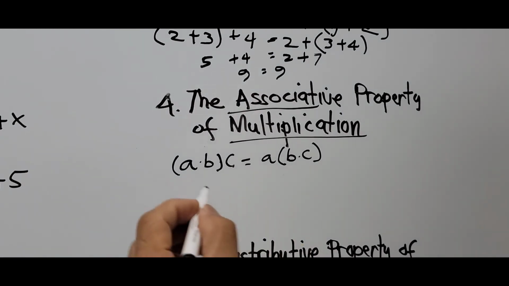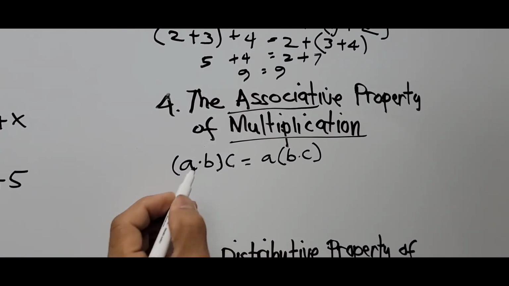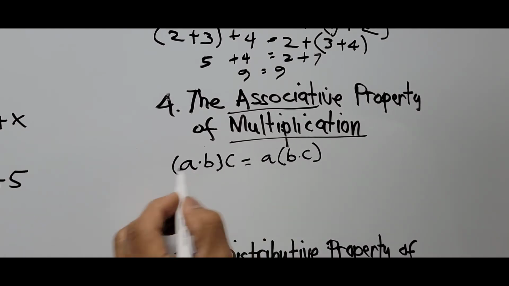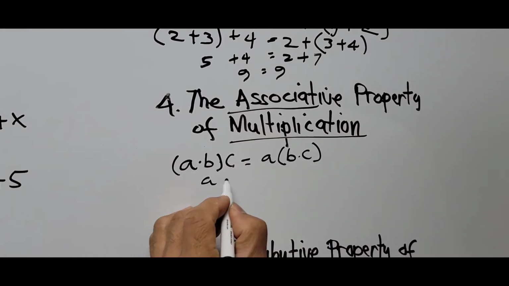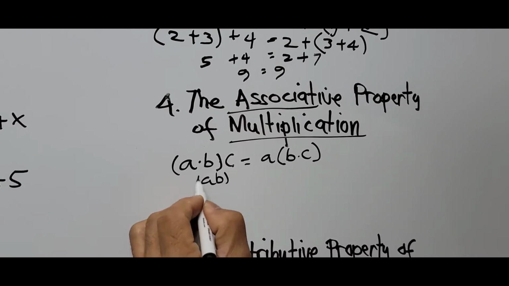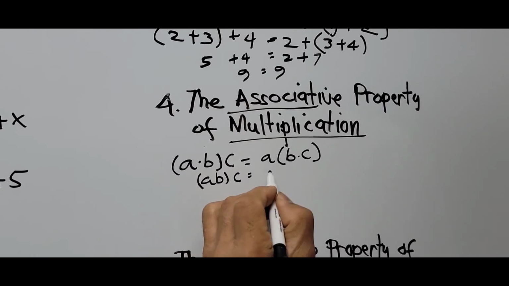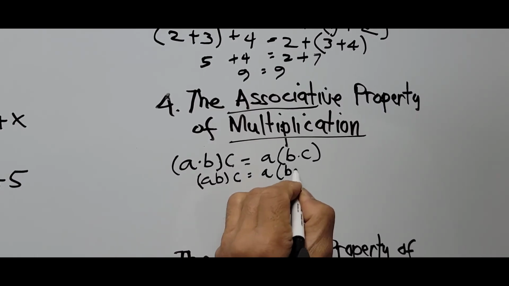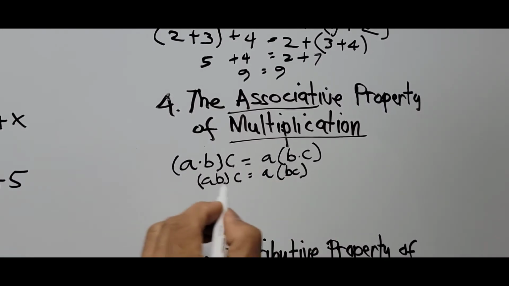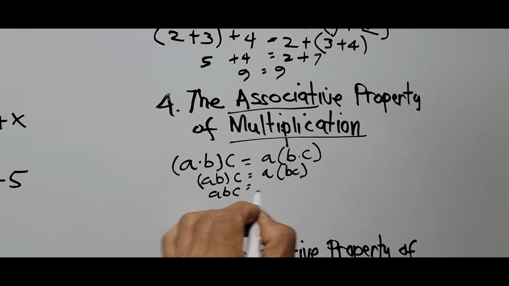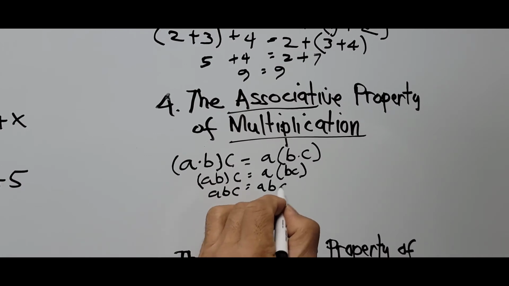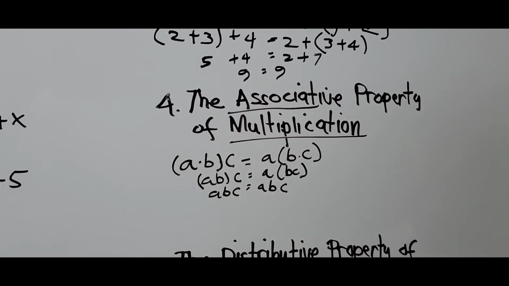Or you can just remove the dot right there. It would be the same way. So ab times c equals a times bc, or it's the same thing as a times b times c equals abc. The same thing, right?